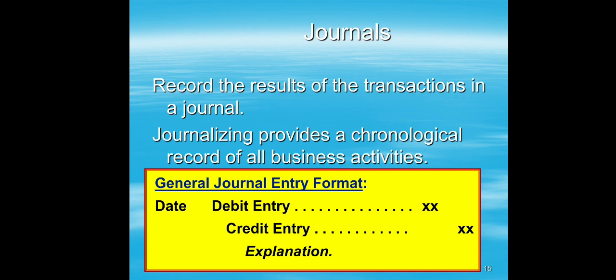Cash receipt journal, cash payment journal, sales journal, sales return journal, purchase journal, purchase return journal, and the last one is called general journal. So in this course, to make it simple and easy for everybody, we will use only one type of journal. It is called general journal.